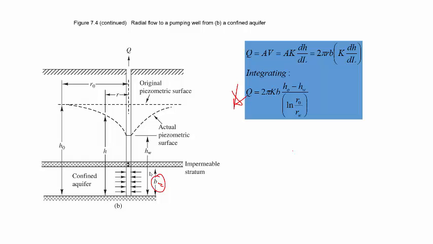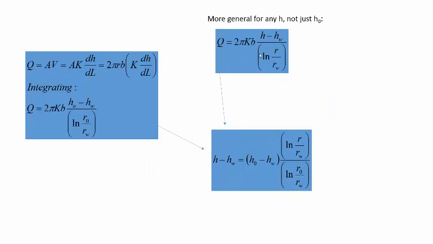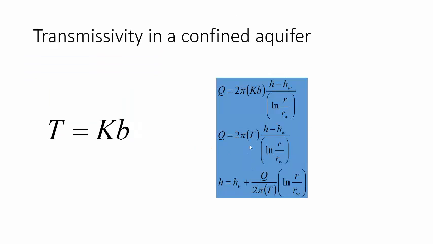We have the HW, RW, and then the Q, which is the flow rate. So everything else is just like in the unconfined aquifer. Remember what I mentioned, we can have it separated, and in the book they go through the exercise of giving it to you with the drawdown instead of the water table.